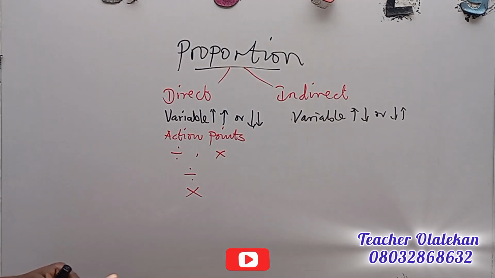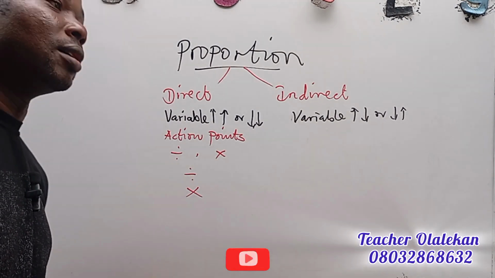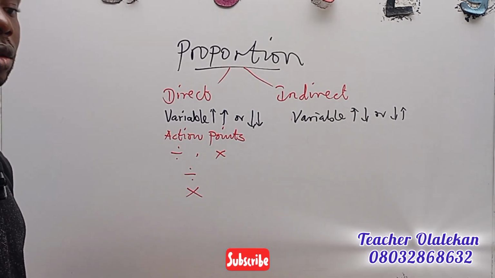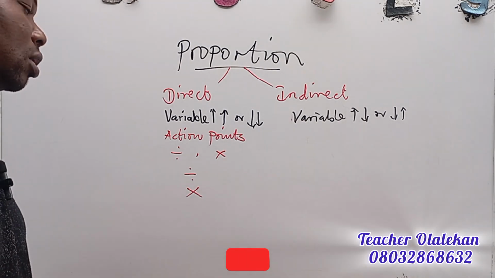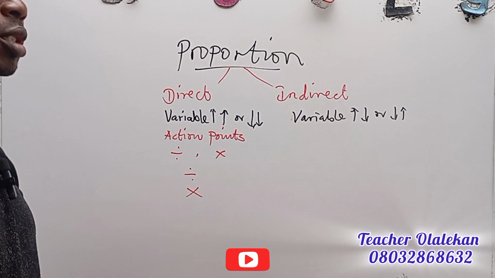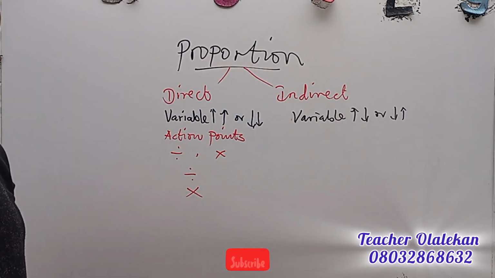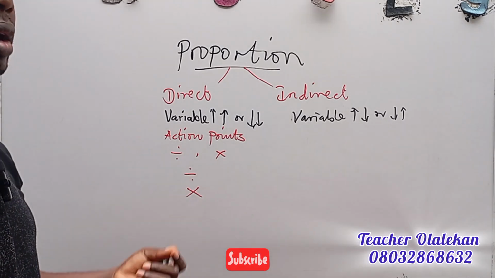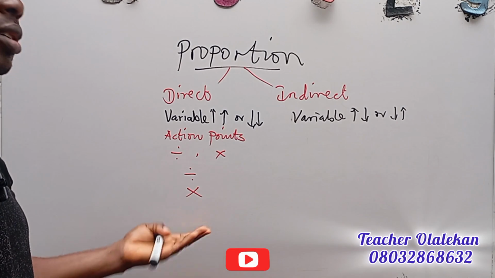For example, if 10 mangoes cost $20, what's the cost of a mango? That's going to be 20 divided by 10, and that gives you $2. So that means a mango costs $2 each. That's just an example.